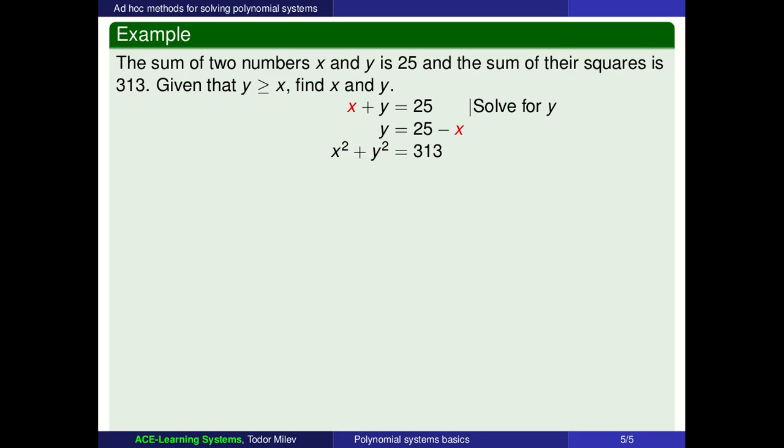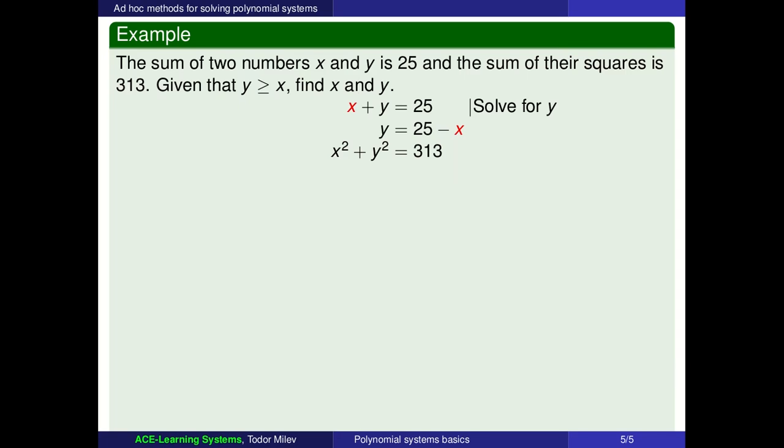Let us solve y as a function of x. So I can take x, transfer it to the right hand side at the cost of a minus, to get that y is equal to 25 minus x.